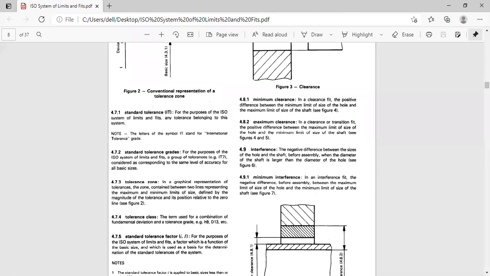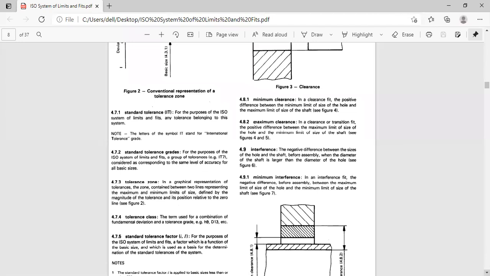And already we have seen what the minimum clearance and maximum clearance are. So what is the maximum clearance? It is a clearance or transition fit. We should not specify the interference fit here, because there we have the maximum interference and minimum interference. So here it is the positive difference between the maximum limit of size of the hole and the minimum limit of size of the shaft.